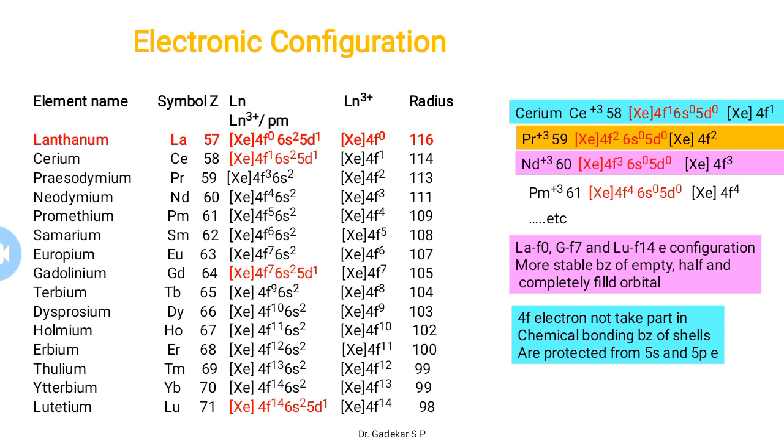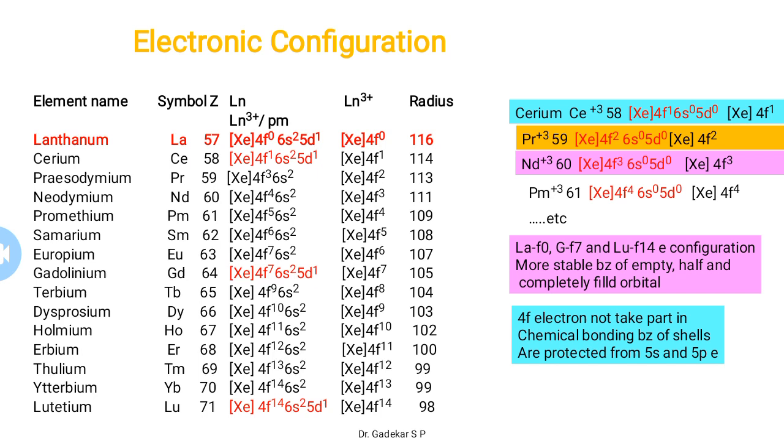In the trivalent state, they lose the s and d electrons, so only f electrons remain. So cerium 3+ has 4f1, 5d0 and 6s0.